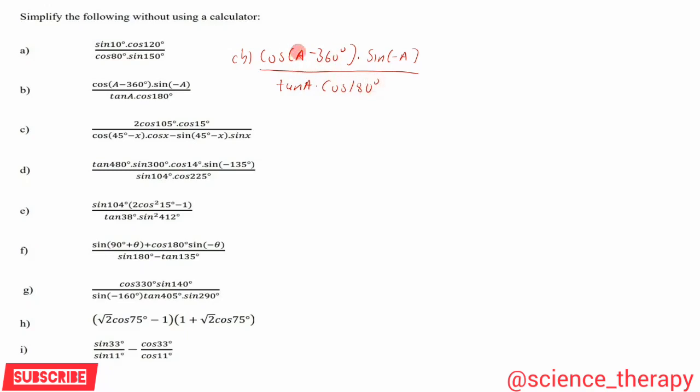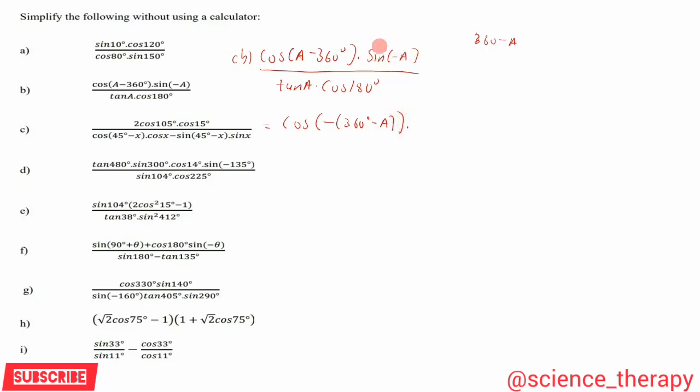When it is written like this, with A and then minus 360 degrees, it indicates a negative angle, because the notation we are used to is 360 degrees minus A. So to show that it indicates a negative angle, we're going to factor out the negative, then we have 360 degrees minus A, and then close the bracket.